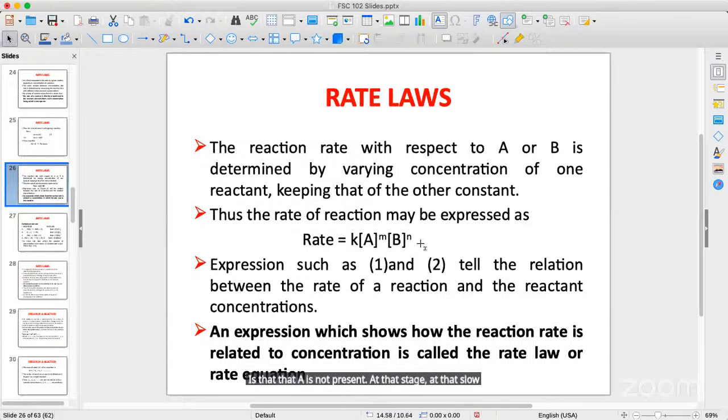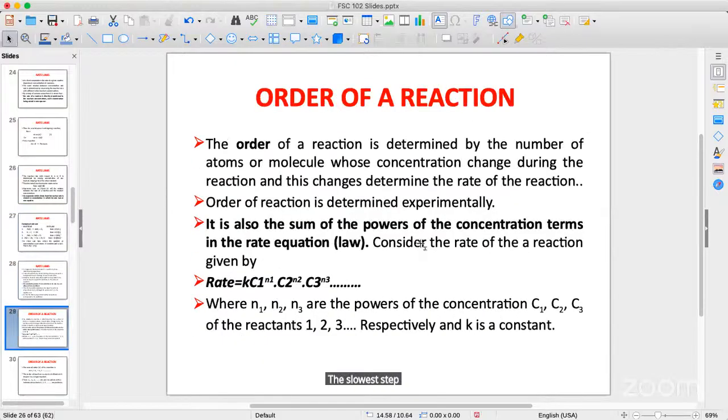A is not there at all. But of course, you still need the A at other stages. It's just not present at that rate determining step. And that's what we mean when we say that the slowest step in a reaction is the rate determining step.